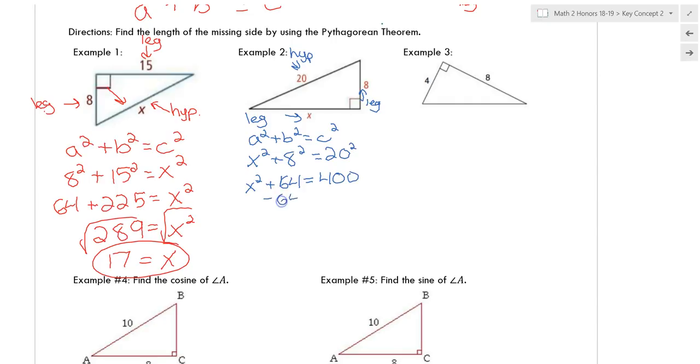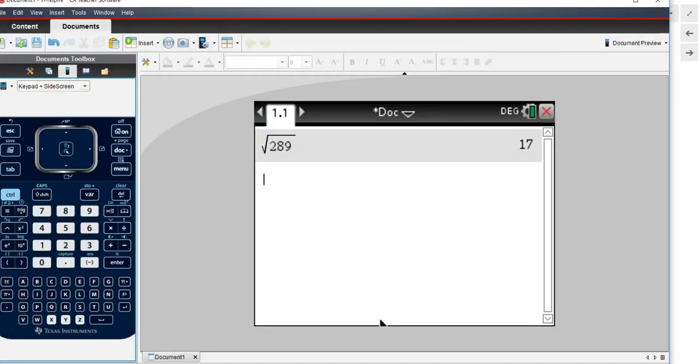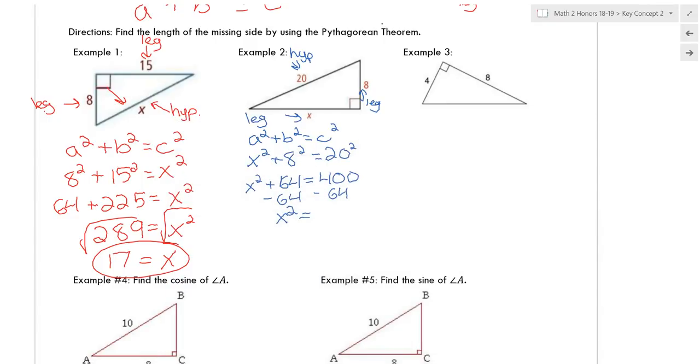I'm going to subtract 64 from both sides. 400 minus 64 is 336.